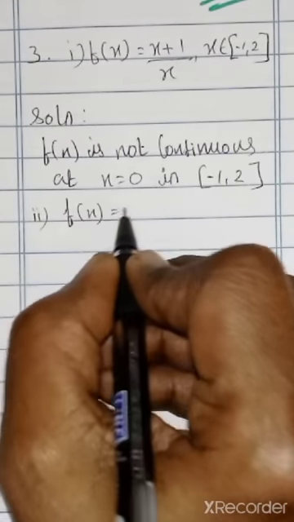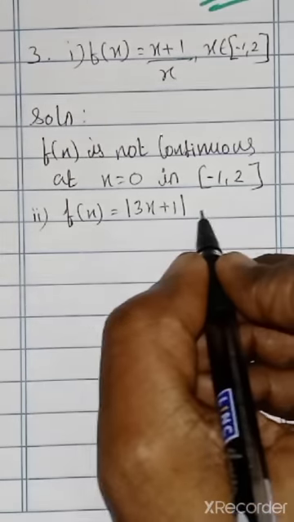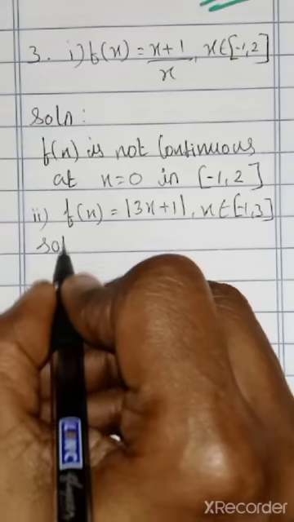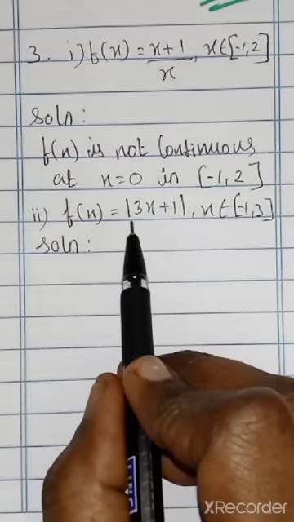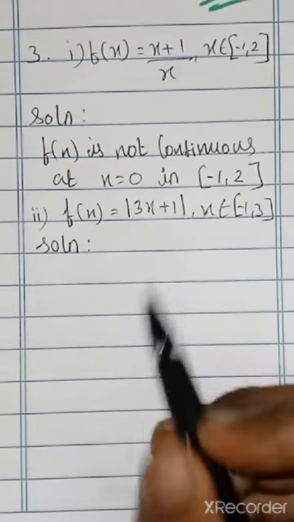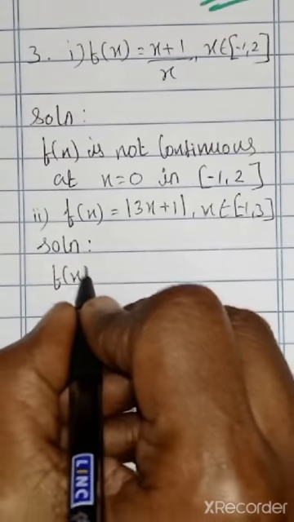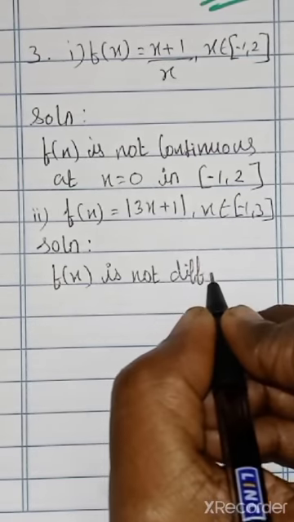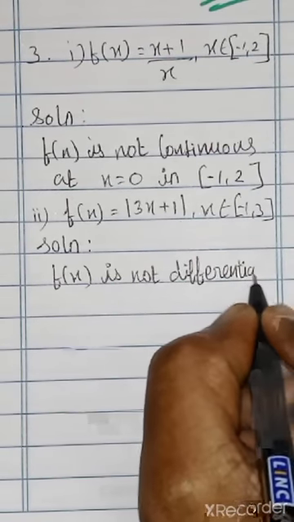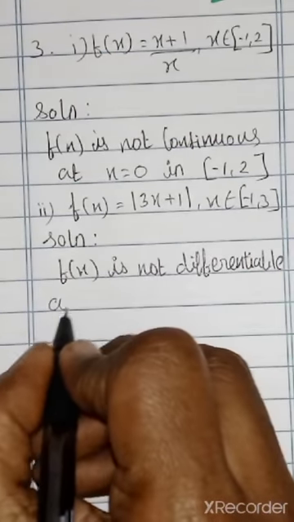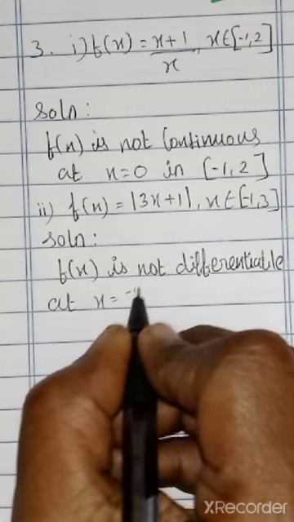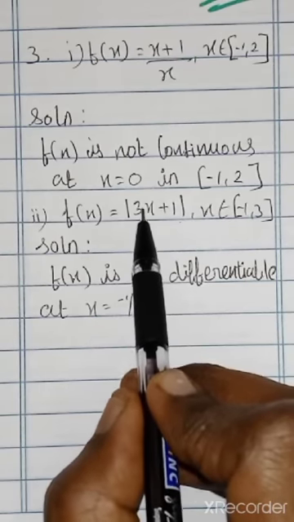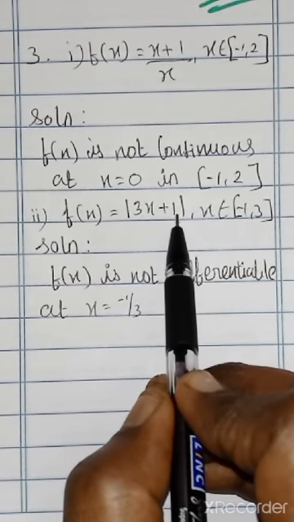Now your second subdivision: f of x equal to mod of 3x plus 1, where x belongs to minus 1 comma 3. Now tell me why it is not applicable. Yes, when mod is there, it is not differentiable. So the solution is: f of x is not differentiable at x equal to minus 1 by 3, because if you substitute x equal to minus 1 by 3, this will become minus 1, and minus 1 plus 1 is 0.